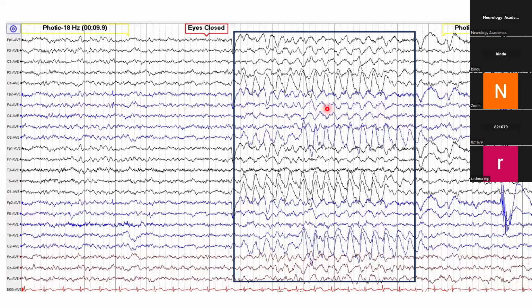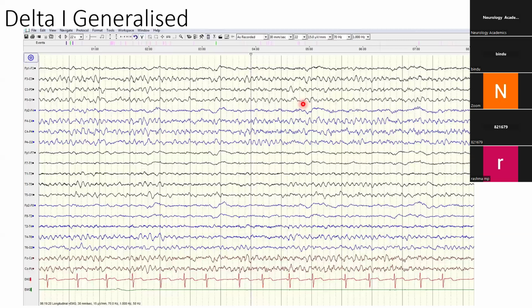Next, here we can see there is a continuous slowing of low amplitude delta waves seen in almost all channels. So this is a continuous slowing, it is delta and low amplitude, so it is grade 1 and seen in all channels, so it is delta 1 generalized. This is a little tough topic, and therefore I'm interfering in between.